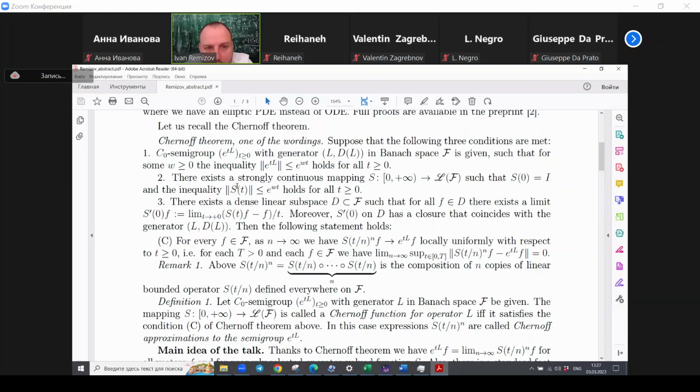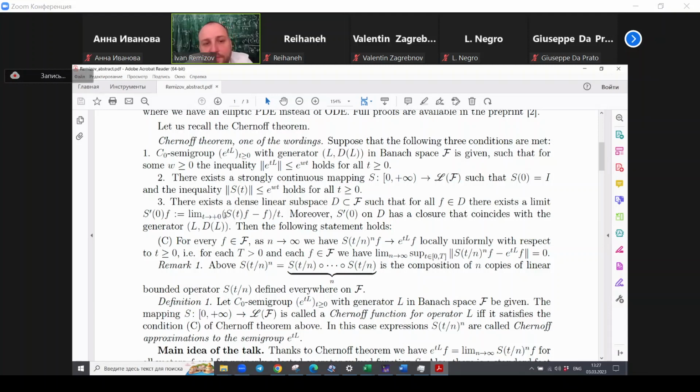So S of t for each t is a linear bounded operator in Banach space F. For each vector f and each number t, S of t f is a vector in F, and if we fix f and change t, then it will be a vector valued function of the number parameter t, taking values in Banach space F, and we can speak about continuity of such a function.